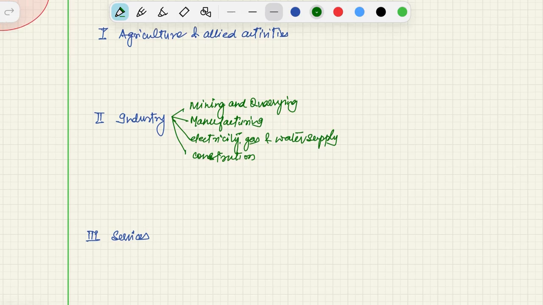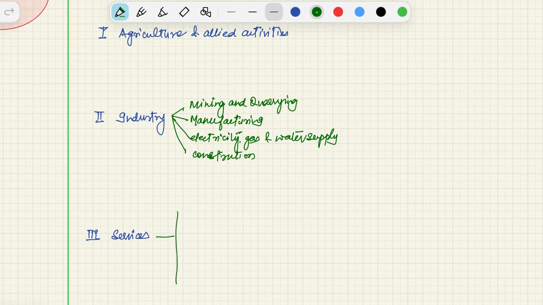Within the services, again there are subcategorizations. The first one is transport, communication, and trade. Second one is finance or consultancy services.